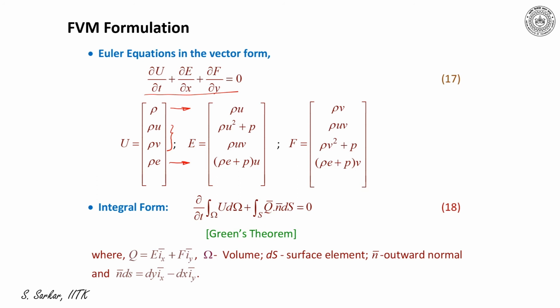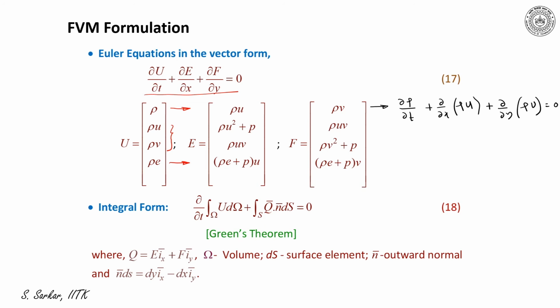Let me explain further. If we expand the first row, what will it give? It will result in ∂rho/∂t plus ∂/∂x of rho u plus ∂/∂y of rho v is equal to 0.